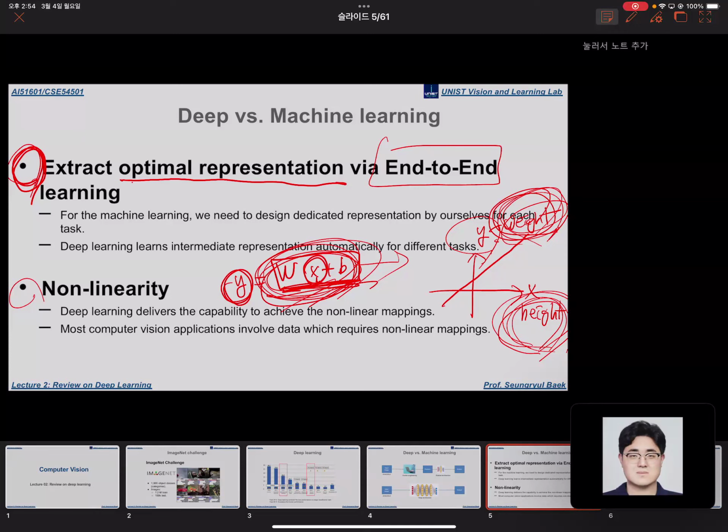So that's a kind of nonlinear mapping, okay? In that case, this linear operation might be limited in its performance, okay?